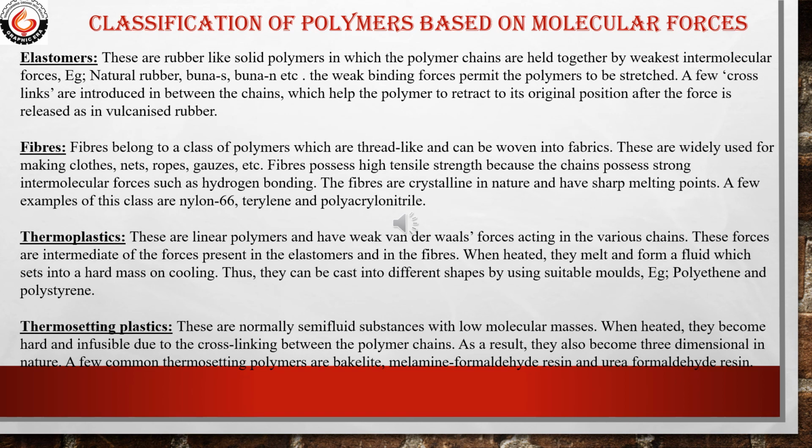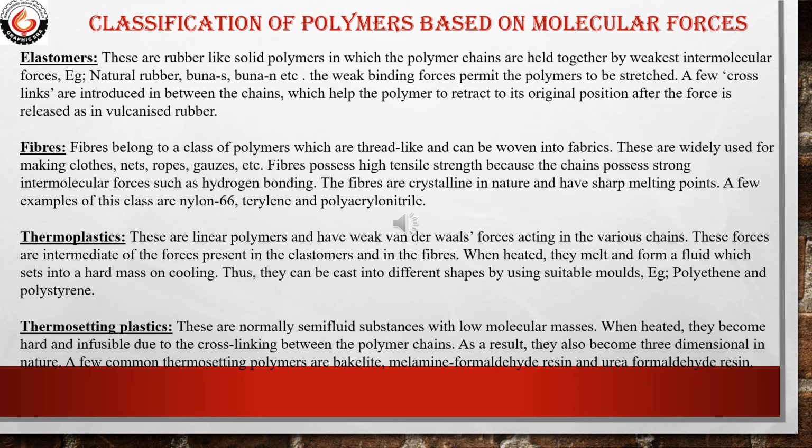The fibers are crystalline in nature and have a very sharp melting point. Nylon 6,6, terylene, and polyacrylonitrile are the most common examples of fibers, and we can melt these polymers very sharply.